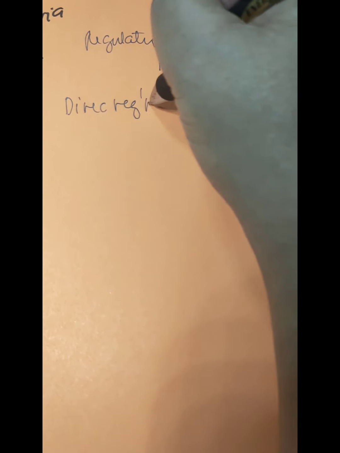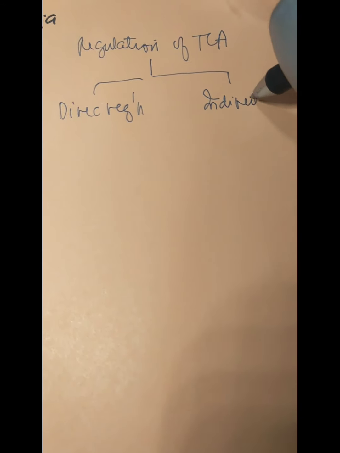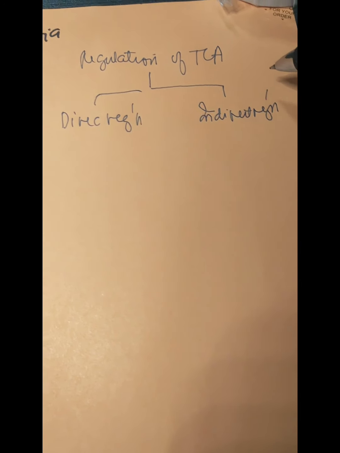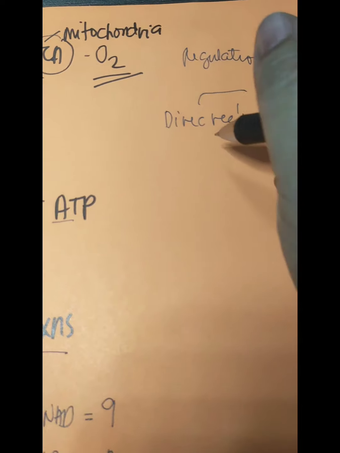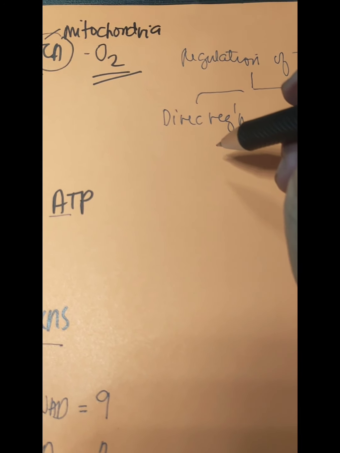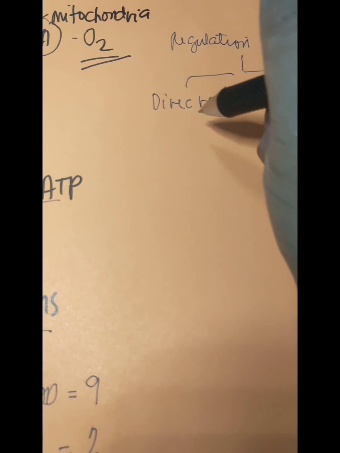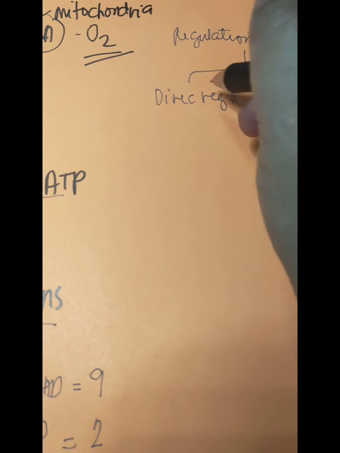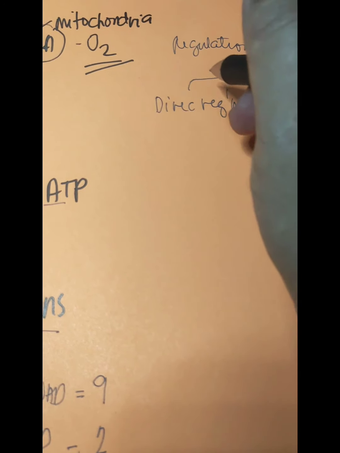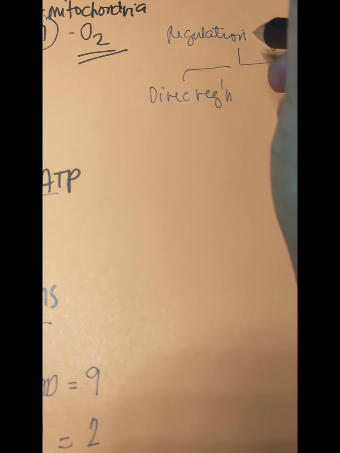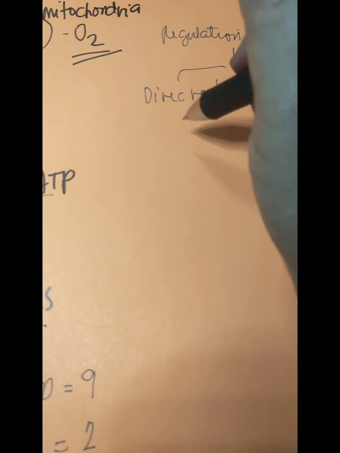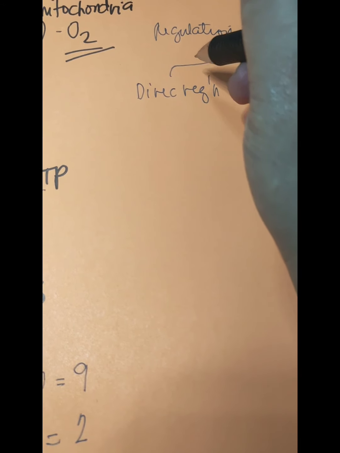So, it could consist of one direct regulation and the other one is indirect regulation. Okay? So, under direct regulation, enzyme activities by product inhibition by allosteric effectors such as ATP, ADP, and NADH. So, direct regulation, we are concerned of the presence of your ATP, ADP, and NADH. Okay? So, kung meron kang ATP, ibig sabihin, matik yan, titigil yan. Kung meron kang ADP, matik yan, gagana yan.